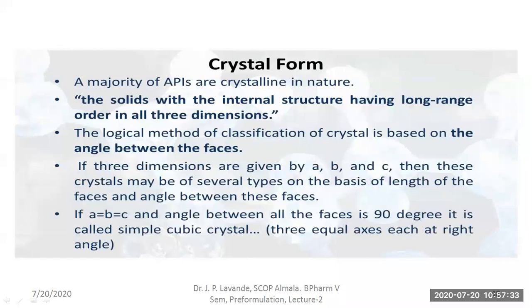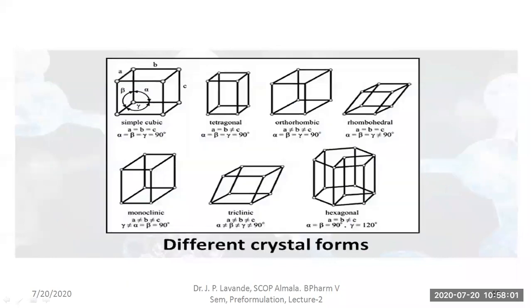If a equals b equals c, that means all three sides are equal, and they have a 90-degree angle between them, such crystals are called cubes. So if a equals b equals c and the angle between all the faces is 90 degrees, it is called the simple cubic crystal: three equal axes, each at a right angle.